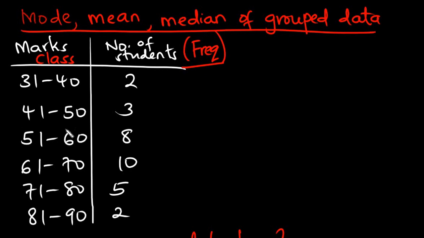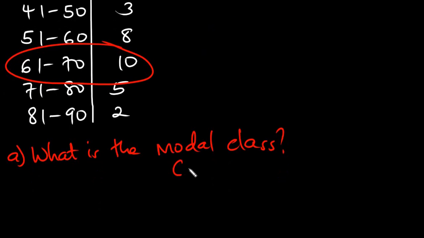For this case, we want the class where the majority of the students scored marks. When I look at all these classes, I can see that in the class 61 to 70, most of the students scored between 61 and 70, so it has the highest frequency. So the modal class is 61 to 70.